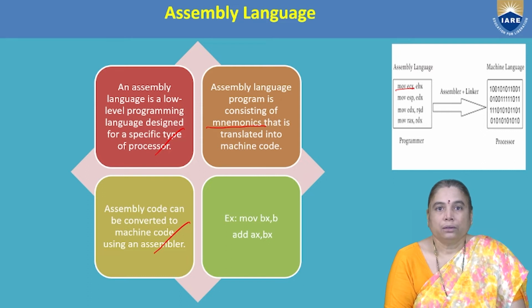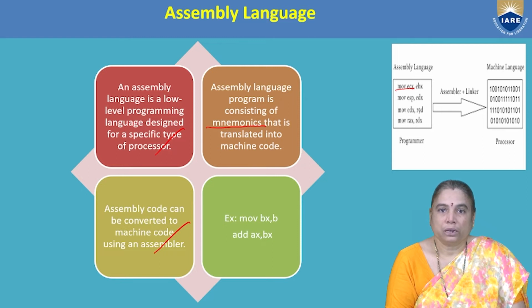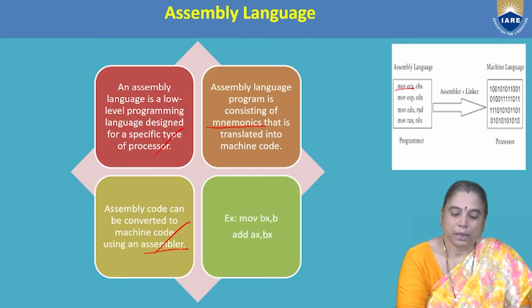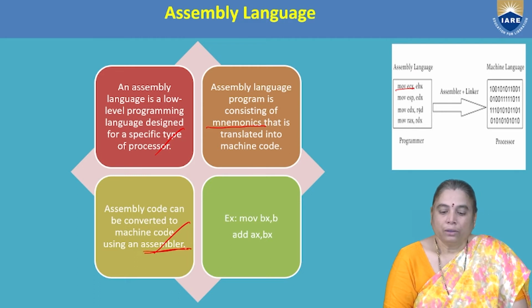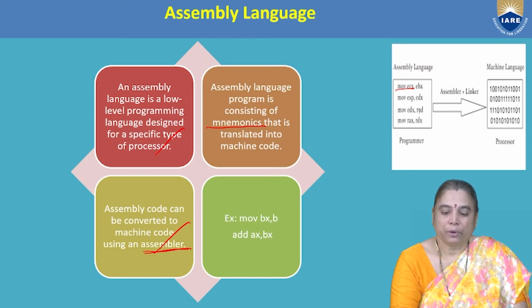The move mnemonic cannot be understood by the machine, so there is a need for a converter or translator. The translator used for converting assembly language code into machine language code is the assembler. Examples of mnemonics used in assembly programming language are MOV, ADD, and so on.